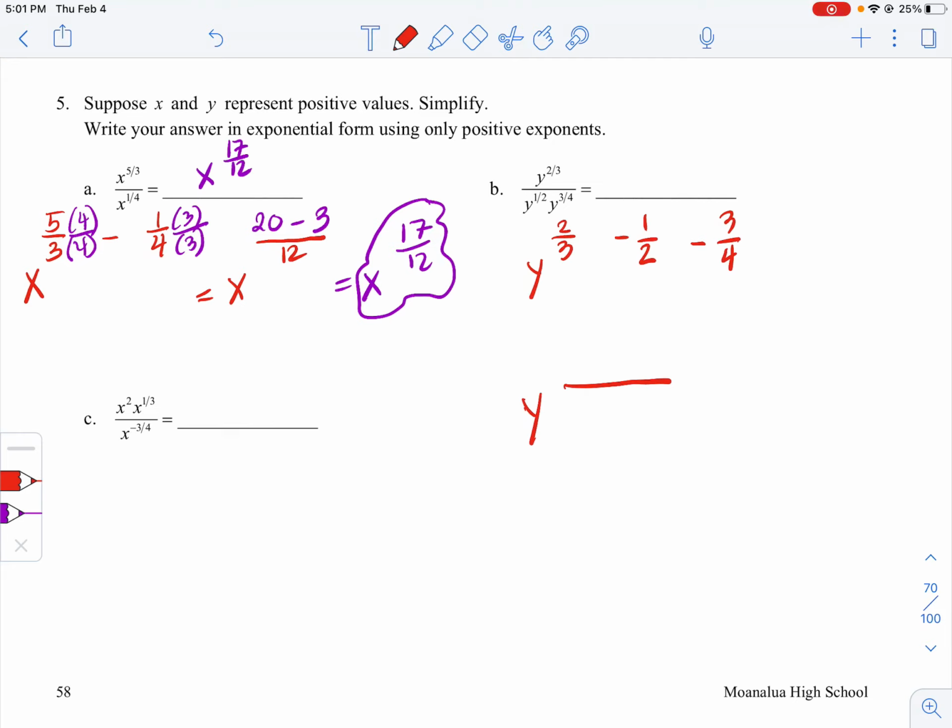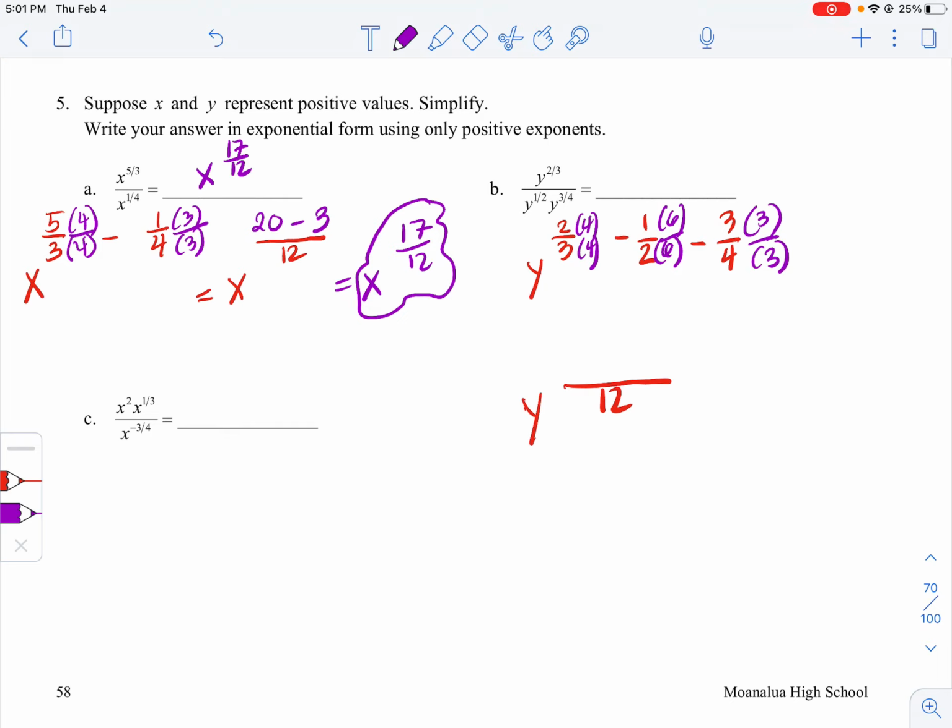Okay, what is their common denominator? 12. Okay, 12 would be their common denominator. So we are going to multiply top and bottom by 4. Multiply by 4, multiply by 4. Multiply the 2 by 6, and then multiply the 4 by 3 and 3.